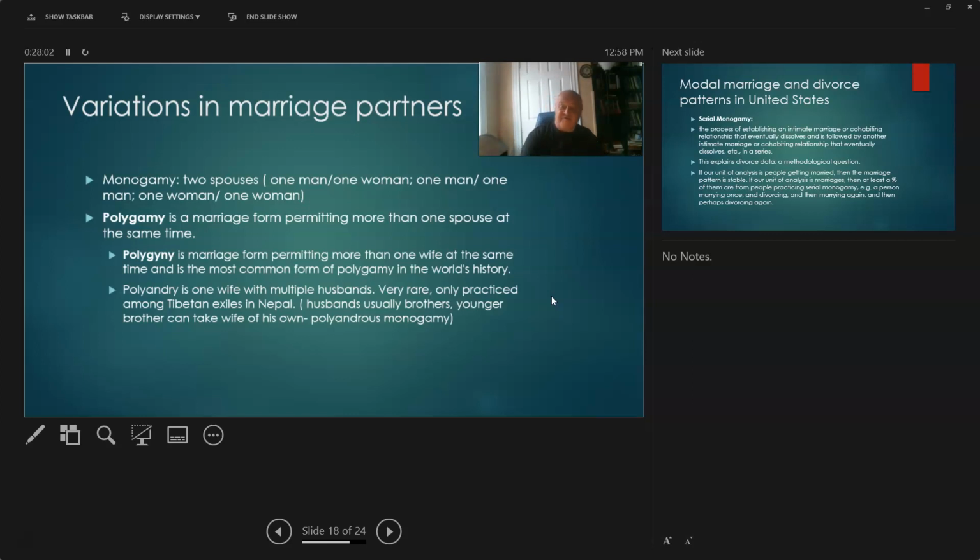Polygyny is a marriage form permitting a husband to have more than one wife at the same time, and is the most common form of polygamy in the world's history. Polyandry is much rarer. It is one wife with multiple husbands, okay? It's very rare. It's only practiced among Tibetan exiles in Nepal.